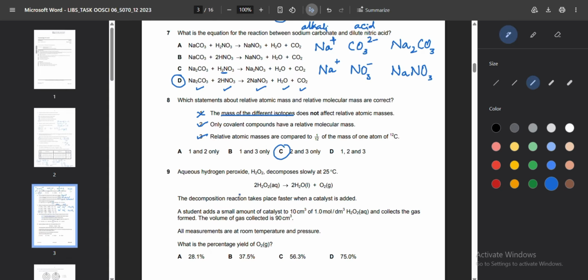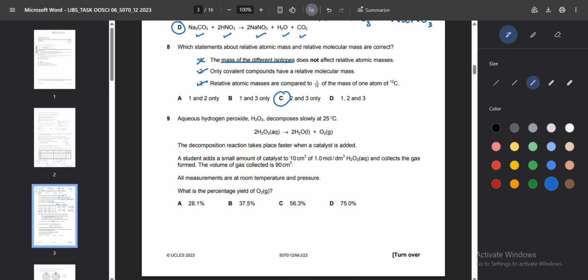All right, next is question number 9. Aqueous hydrogen peroxide H2O2 decomposes slowly at 25 degrees Celsius. The decomposition takes place faster when a catalyst is added. A student adds a small amount of catalyst to this much. What is this? This is the volume. This is the concentration. Volume and concentration of hydrogen peroxide is given, and the student collects the gas formed.